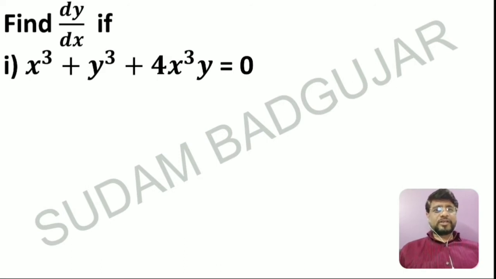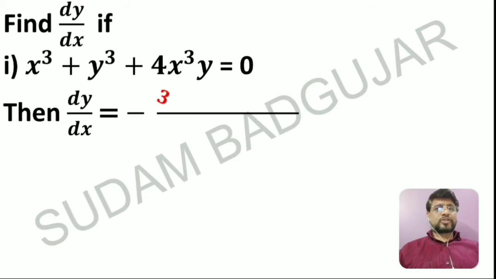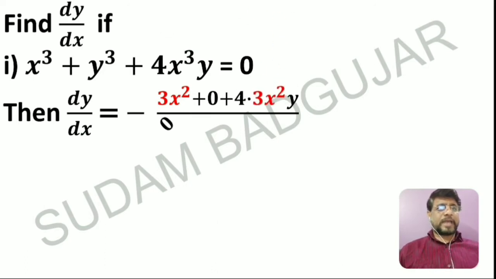So the shortcut trick: dy/dx is minus, in the numerator, derivative of x cube is 3x square, plus derivative of y cube is 0, plus 4 kept as it is, y kept as it is. In the denominator, derivative of x cube is 0, plus 3y square, plus 4 as it is, x cube as it is, into derivative of y, which is 0.